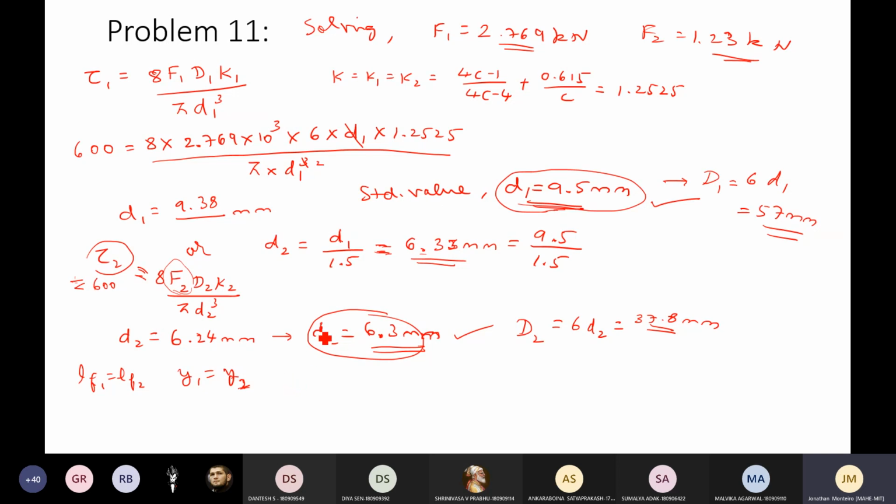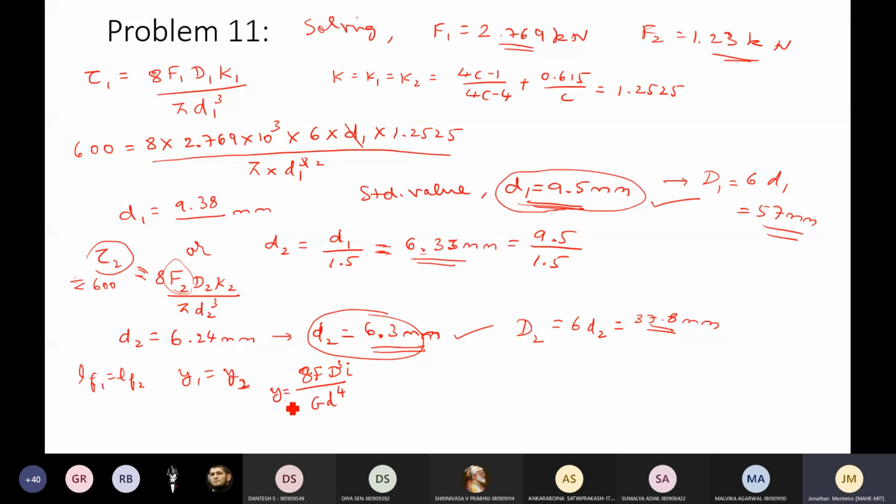Even if it is not mentioned, you can understand that since free lengths are the same, deflections should also be the same. So with this in mind, you can write y1 and y2 as 8 F D cube by G d to the power 4, the general equation that we had, into i. So this is what we had for y.